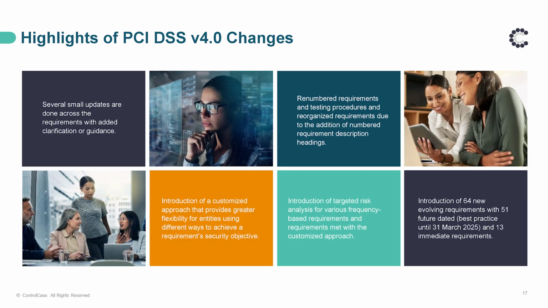Now, you all remember with 3.2.1, requirement 12 required entities to work on their risk assessment, which is business level risk assessment. They have moved away from that, and only the requirements with frequency-based or requirement met with customized approach now require this targeted risk analysis.